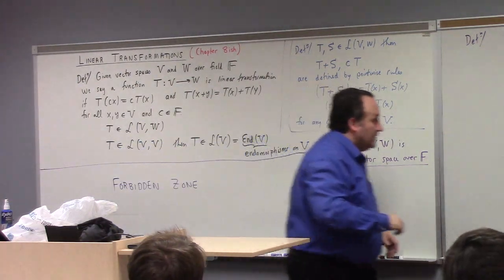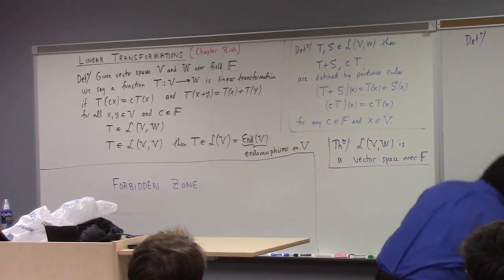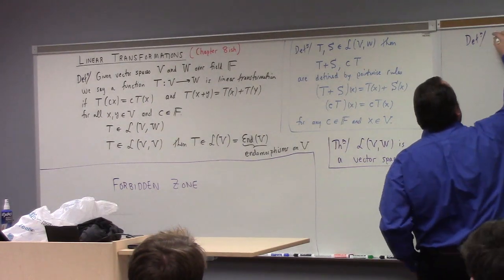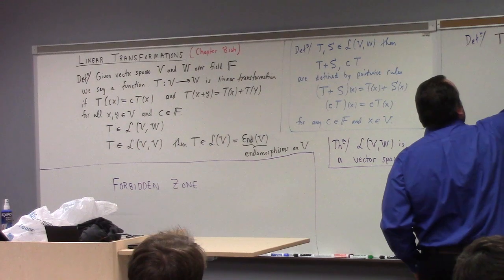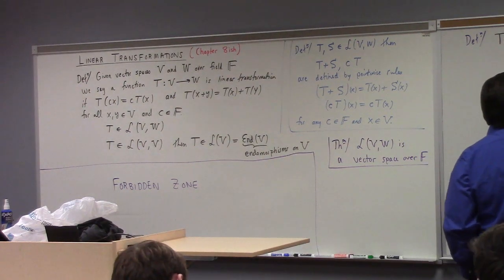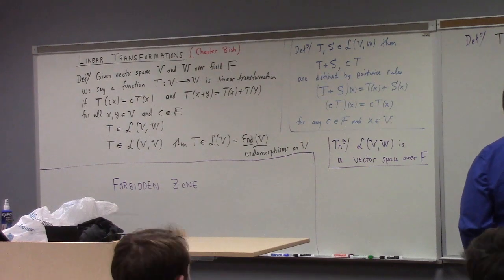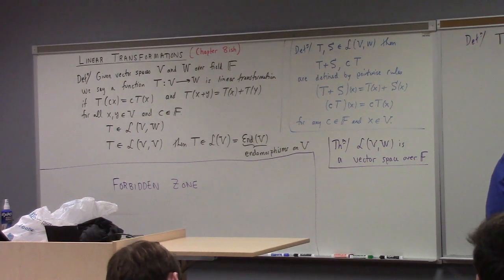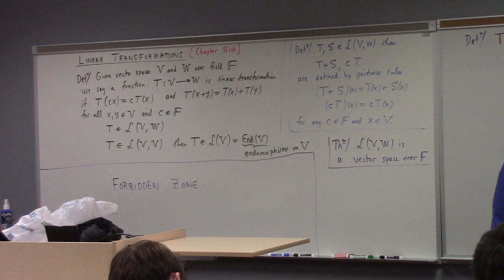So, all right, here we go. Oh, man. So now I need 3 vector spaces. So we've got T, which goes, let's say, from V to W. And let's say S goes from W to, oh, I need another letter here. How about U?